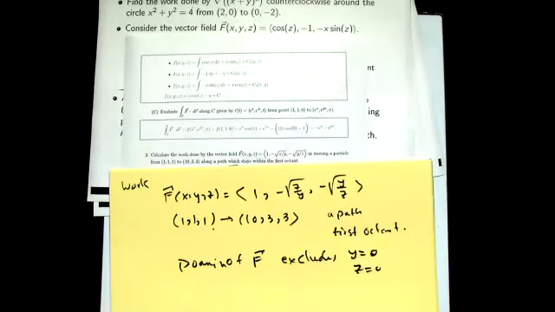So the domain of f excludes these two lines in 3D. And so if I want to be conservative, I have to be somewhere that does not intersect either of these two lines in 3D. And so first octant is a safe place to be.